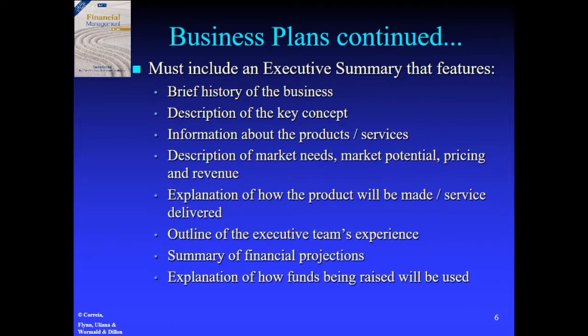Information about the company's products and services should also be included. We would also want to include a description of the market needs, market potential, pricing, and revenue. The company should also have an explanation of how it makes its products and provides its services.